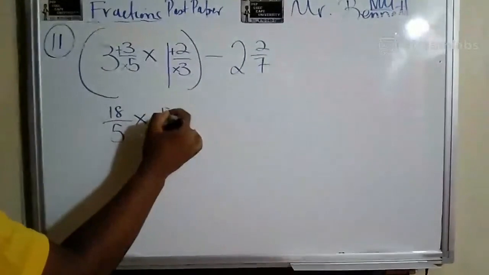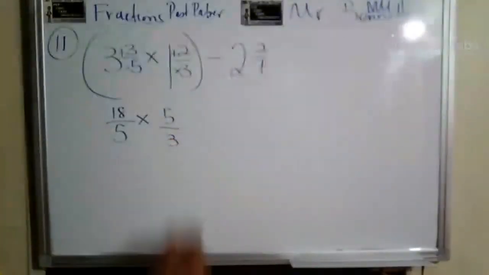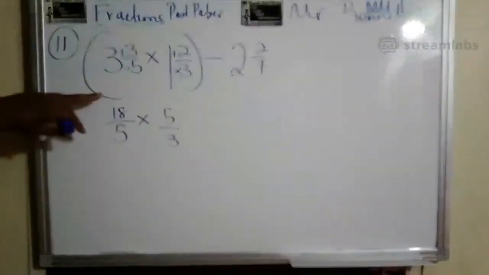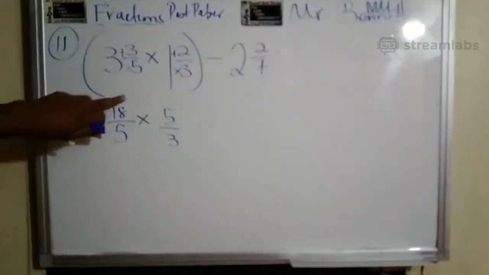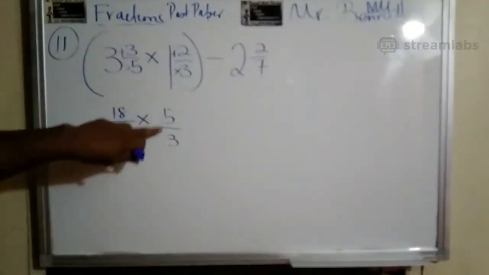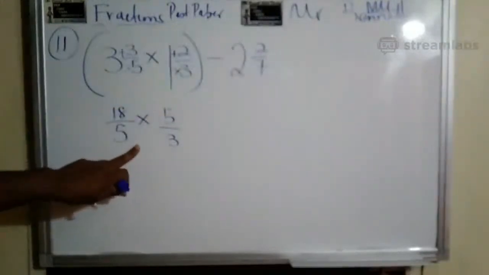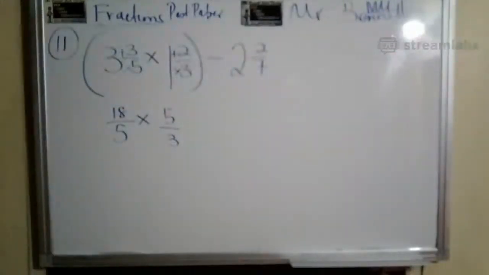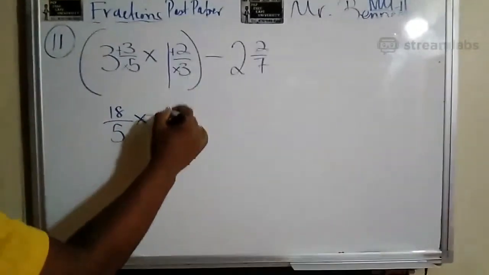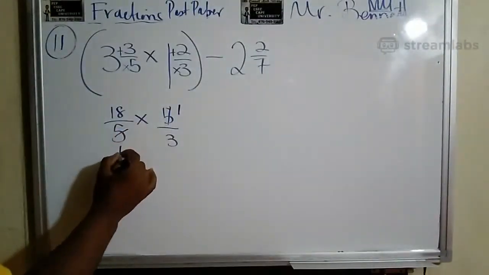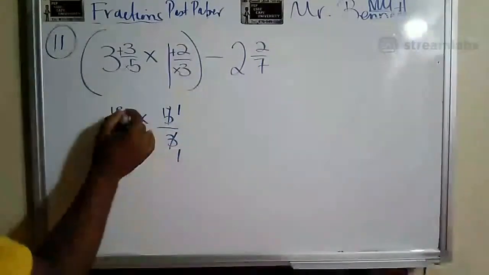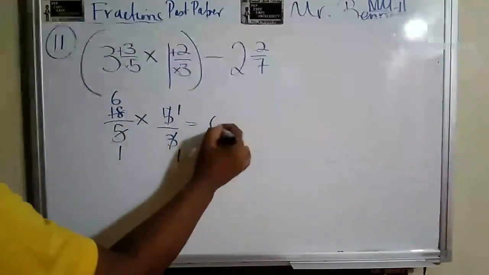Plus 2, that gives us 5 over 3. Remember guys, when we are multiplying, we can just find a number that can go into the numerator and the denominator without a remainder, and we reduce it, right? 5 into 5, 1, 5 into 5, 1. 3 into itself, 1, 3 into 18, 6.